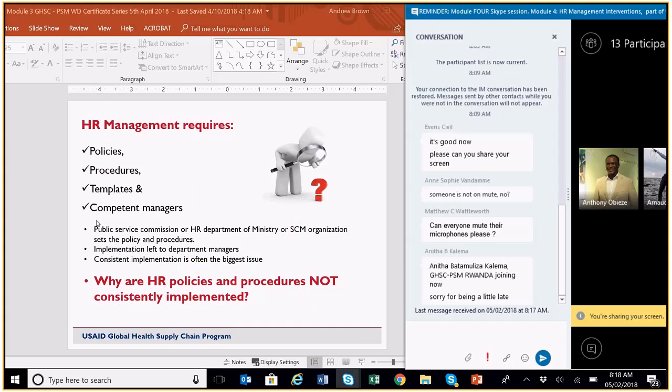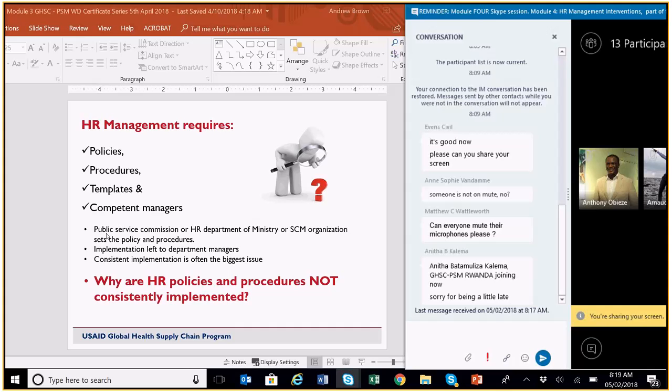So what we're talking about is policies, procedures, templates, but also competent managers. Just because you're a technical person or a manager in an organization that is technical does not mean that they have the skills to manage people well. And this is something that I will emphasize. So it's not good enough just to have policies, procedures, and the templates to make things work. You need to have competent managers.